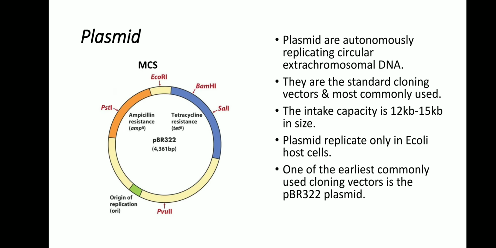First one is plasmid. Plasmids are autonomously replicating circular double stranded extra chromosomal DNA. Because of this autonomously replicating nature, it replicates easily in the host cell without the help of host DNA. The host is only the frame which gives a suitable environment for the replication of this vector.